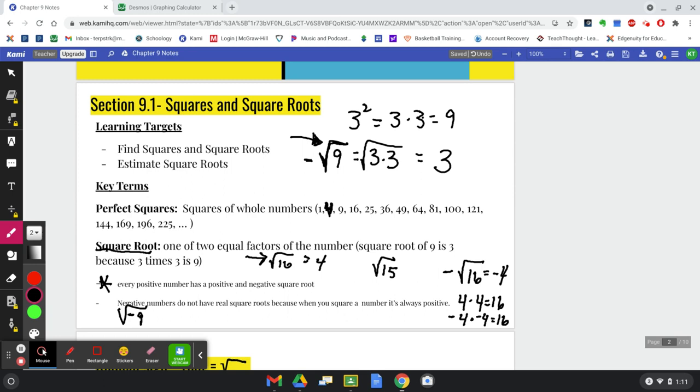If you type it into your calculator, it'll tell you an error, because if you think about it, it's something times itself. Well, if I multiply a positive times a positive, I get a positive value. And if I multiply a negative times a negative, I get a positive value. So there's no number multiplied by itself that can equal negative 9. So it is not possible to get a real solution to that.